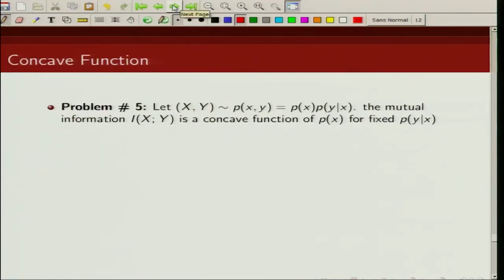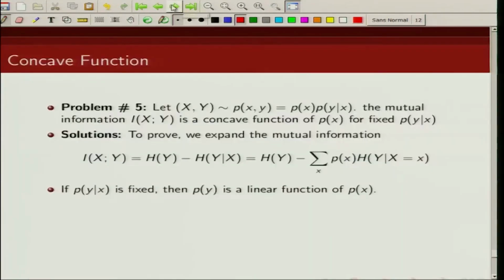Next, we are going to show that mutual information is a concave function of P of X for a fixed P of Y given X. So, how do we prove this?